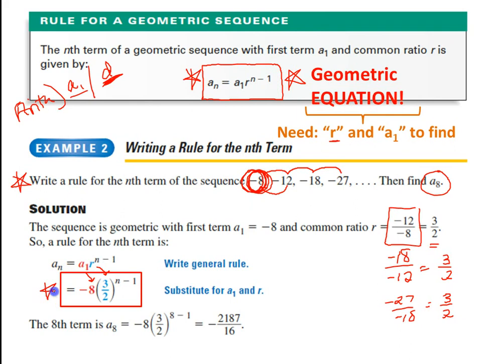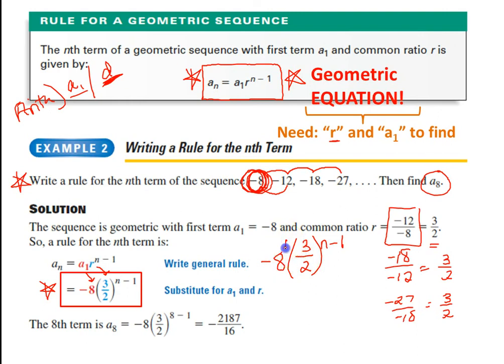Now, unlike the arithmetic, there's nothing to solve for in this equation. You literally are just plugging those two things in. Do not multiply these. You have negative 8 times 3 over 2 to a power of n minus 1. Go back to our rules from a couple chapters ago. This is negative 8 to what power?